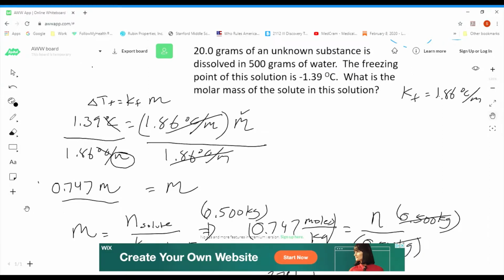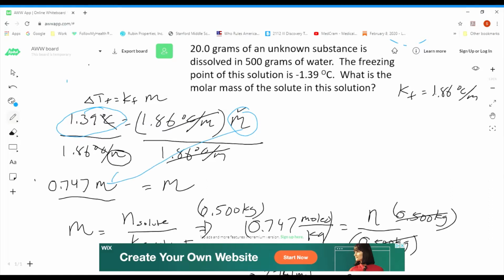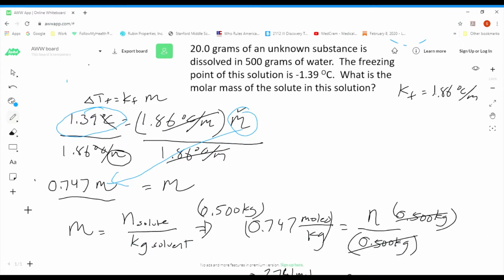And we were given a freezing point depression. Thanks to that, we were able to calculate the molality, which ended up being 0.747 moles per kilogram, or molal.